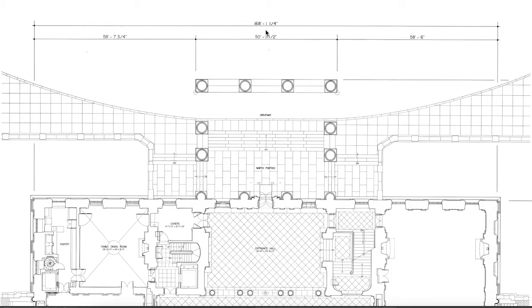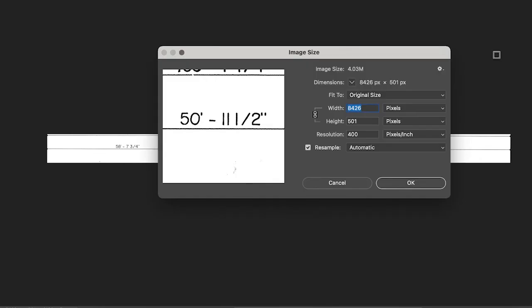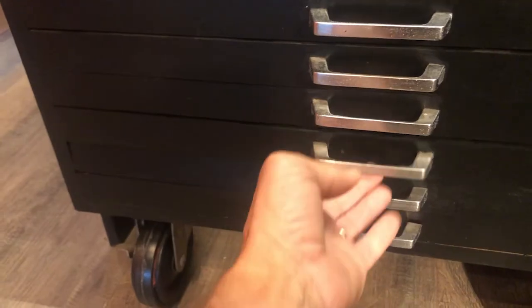It has the measurement of 168 feet for the whole width of the White House. So we get this selection rectangle, we copy that, and paste it in there. We find out that it is 8,426 pixels wide. The object of the game here is to divide this into 10-foot sections.